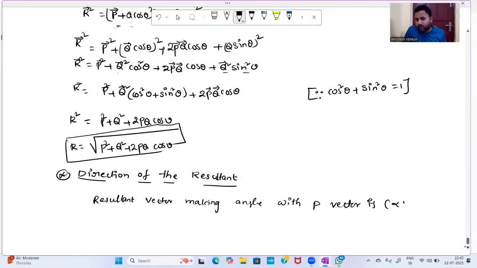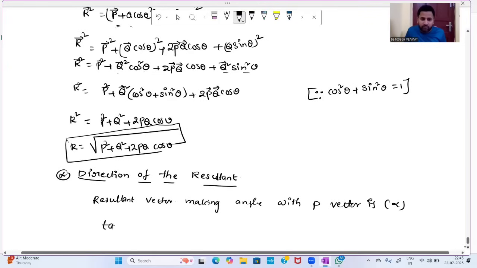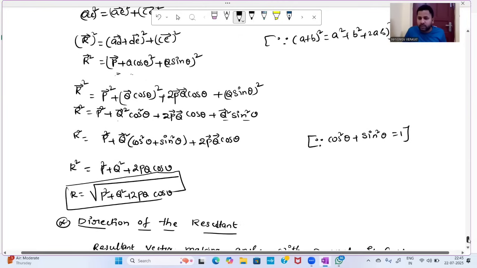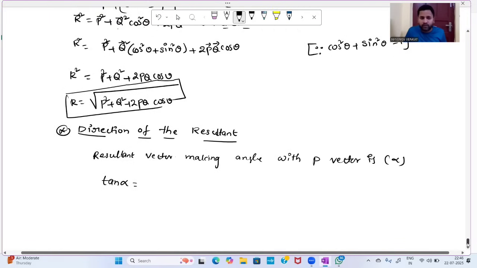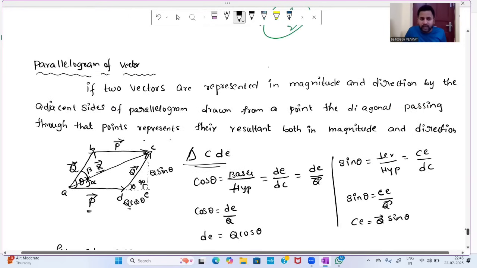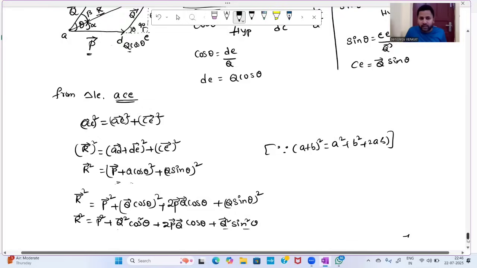Then tan alpha equal to CE by AE. Now CE means the opposite side, that is Q sin theta, and AE means P plus Q cos theta. I'm writing it directly.